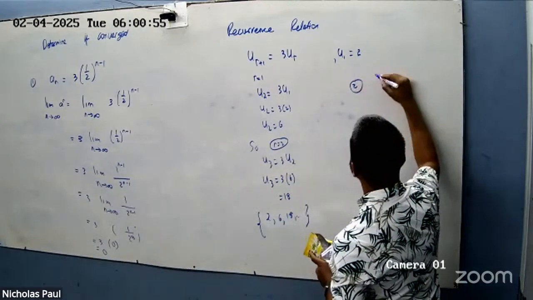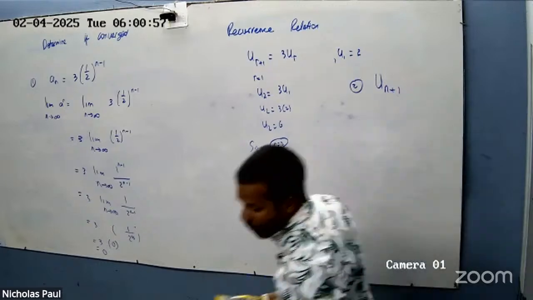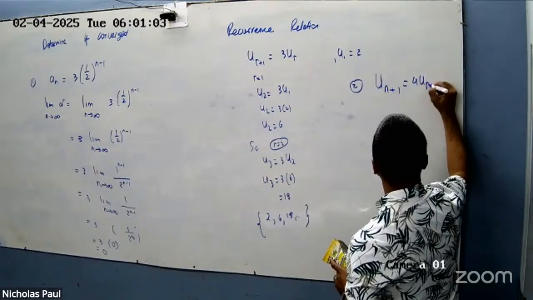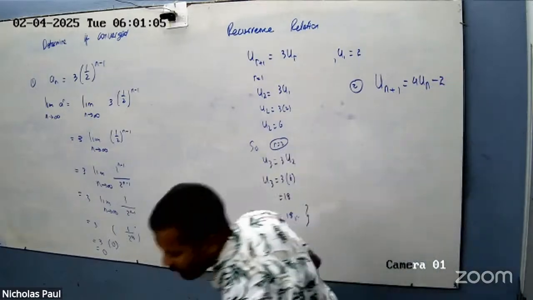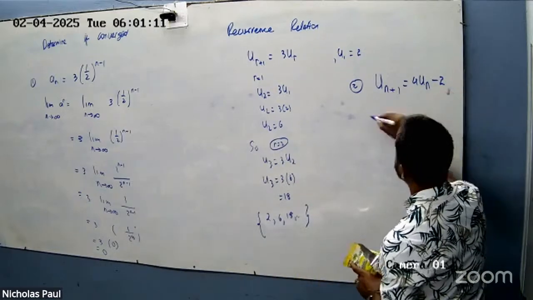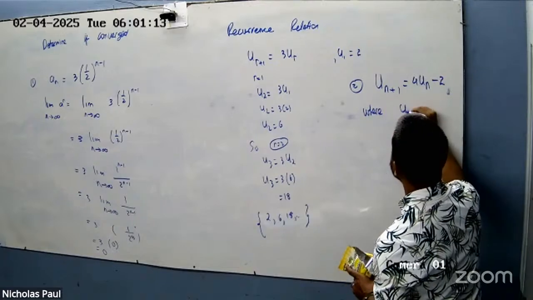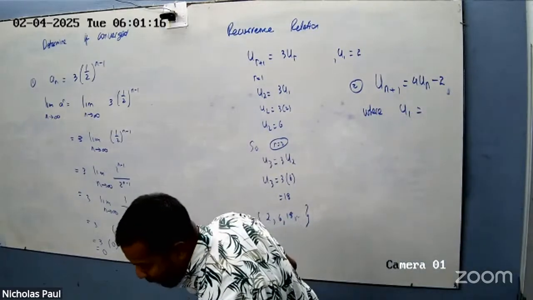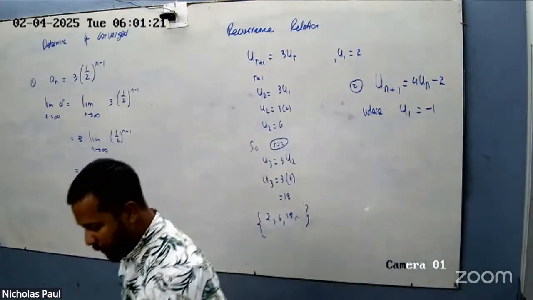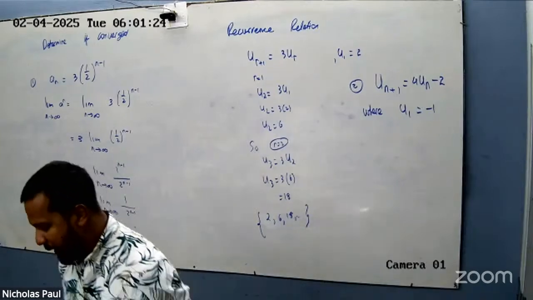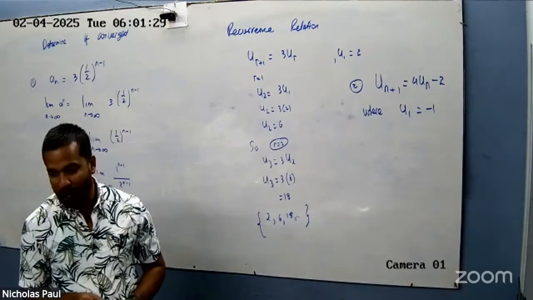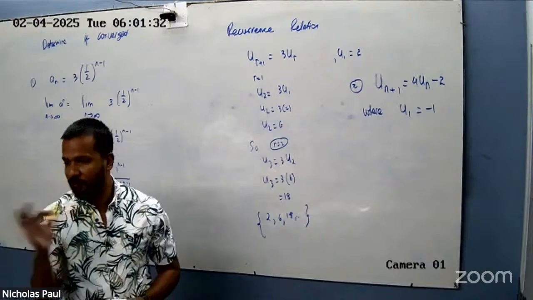Find the first four terms of the recurrence relation U to the n plus one is equal to four U to the n minus two, where U1 is equal to minus one. Find the first four terms. That's all.